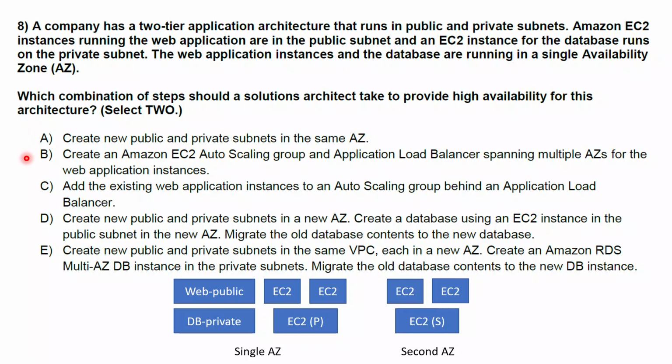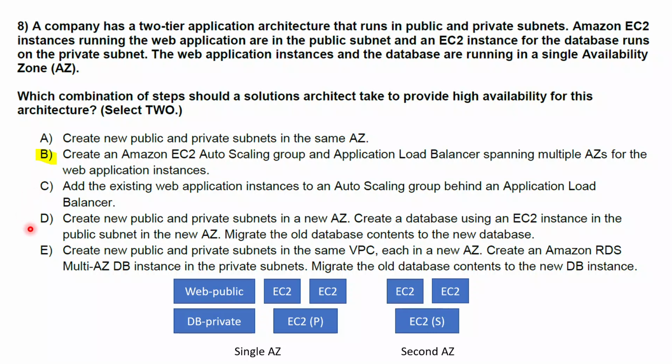Choice B recommends setting up an autoscaling group and application load balancer spanning multiple AZs for web instances. So this is a good solution. We need it. Choice C recommends adding existing web instances to ASG and ALB. This alone will not solve the issues for us, as we need to spread across multiple AZs.